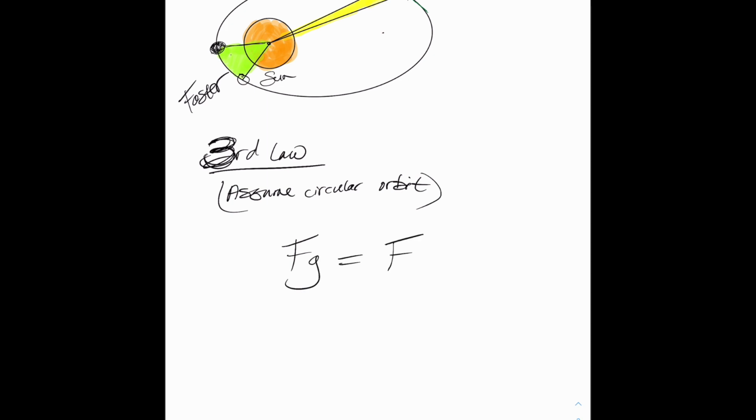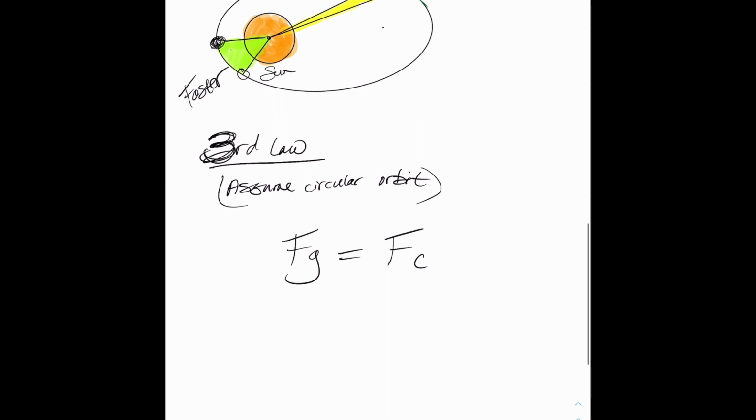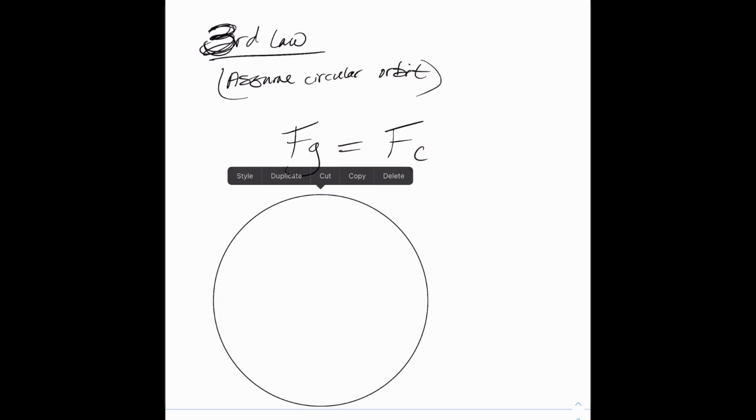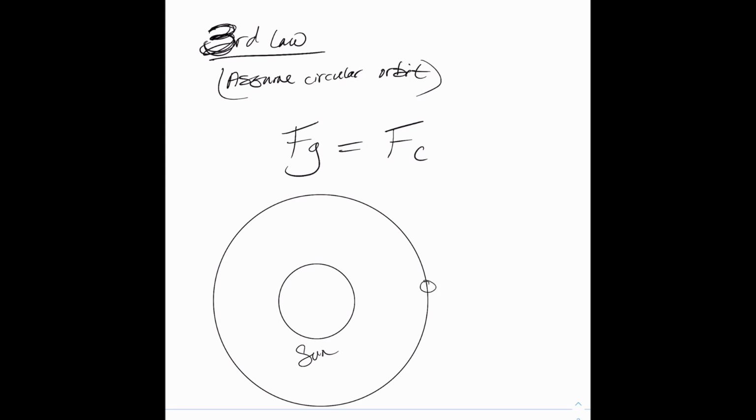All right, so we're going to assume a circular orbit, and see if you remember this from last year. Blast from the past time, right? Fg equals Fc. So what happened last year is we had an example where we would have a circular orbit, and we would then have the sun at the center, and we would have a satellite or a planet orbiting out here.